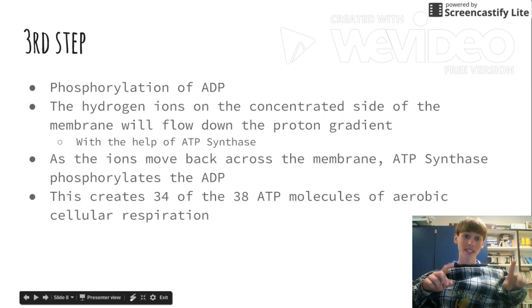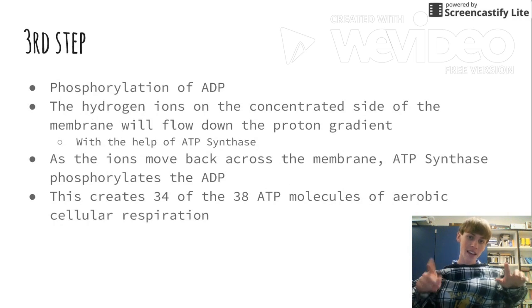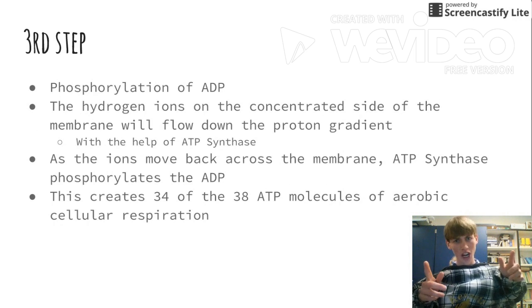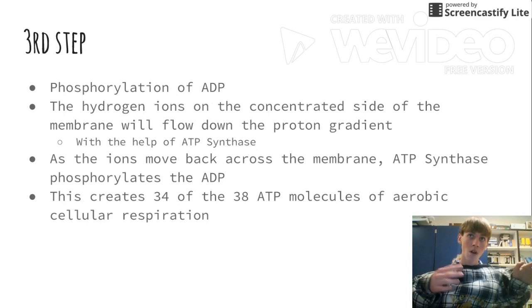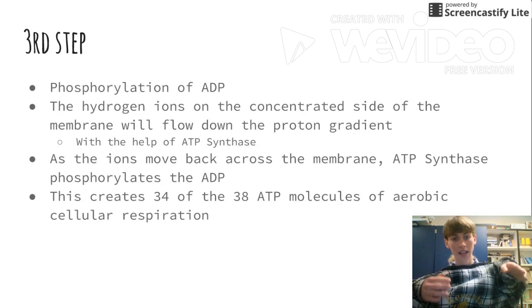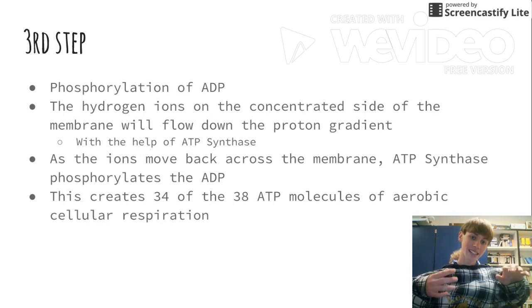The final major step of the ETC is the phosphorylation of ATP. The hydrogen ions on the concentrated side of the membrane will flow down the proton gradient with the help of the enzyme ATP synthase.